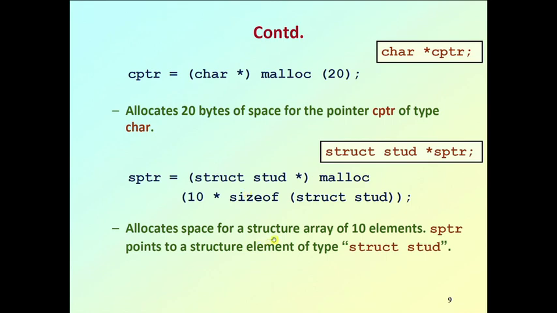So, allocate space for a structure array of 10 elements, SPTR points to a structure element of type struct stud. The syntax is the same for an array, a constant number of bytes, or a structure. Okay.